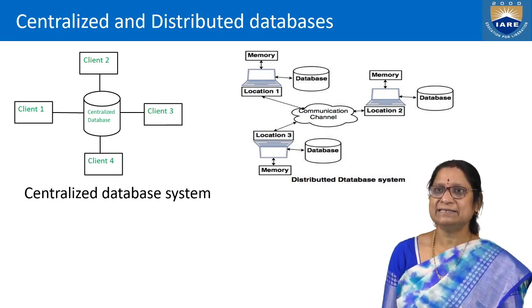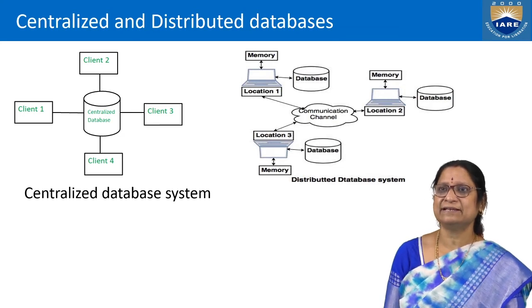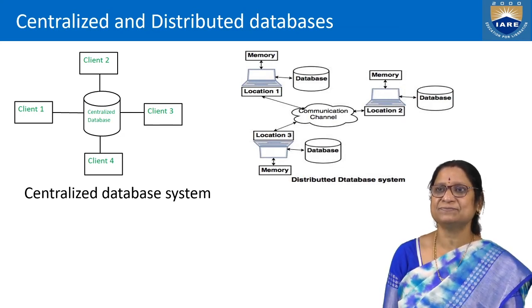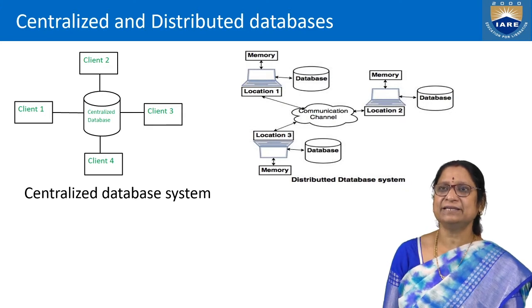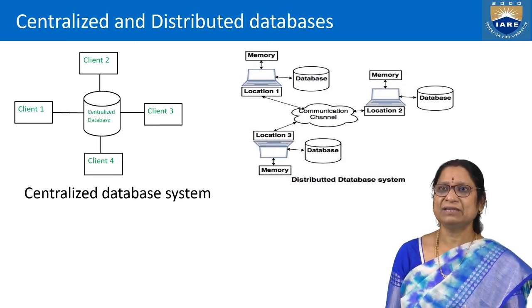By sitting at one place, we can access data from our place as well as from other places through these communication channels. That is, data is distributed at various locations but integrated for applications which need the data at various locations. I'll give an example.